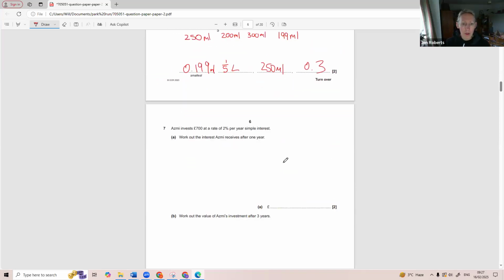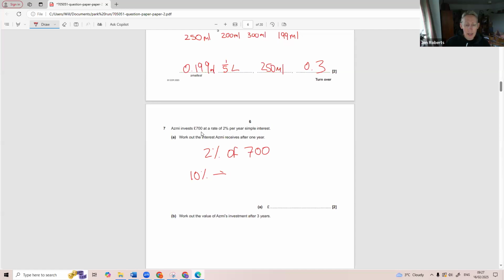Asme invests £700 at a rate of 2% per year, simple interest. So every year they'll be getting 2% of £700 as their interest. Work out the interest Asme receives after 1 year. So we want to work out 2% of 700. Let's get 10% first.